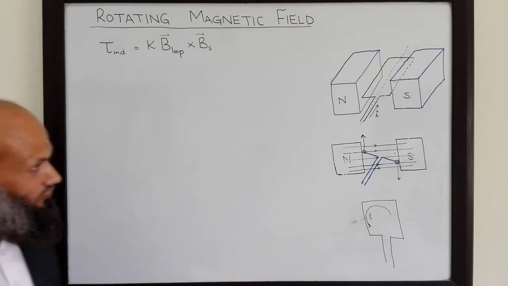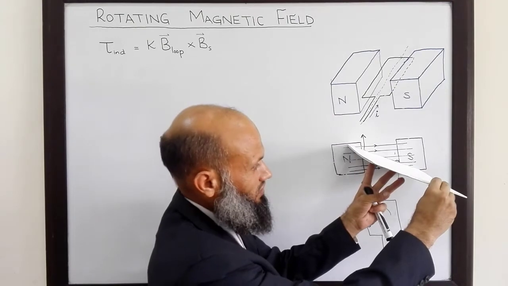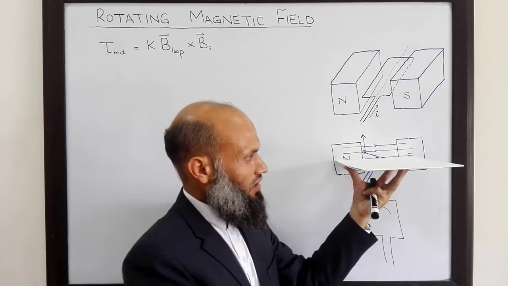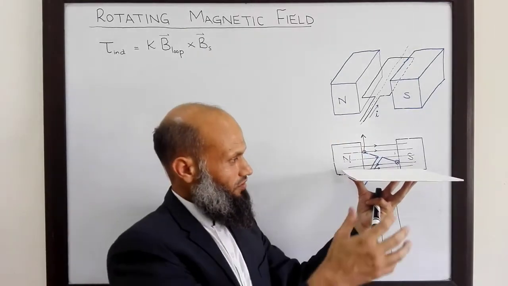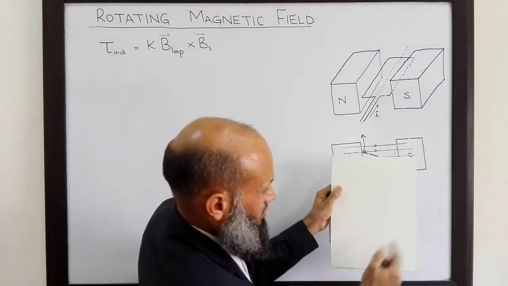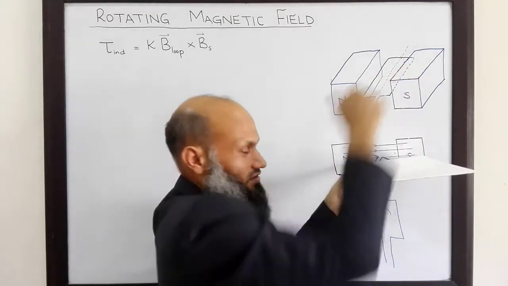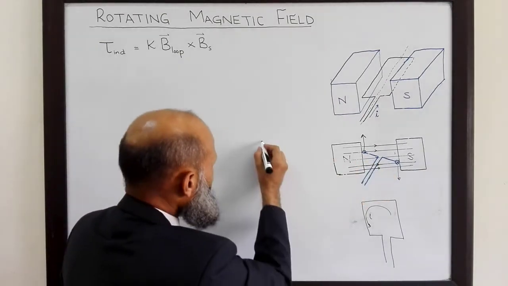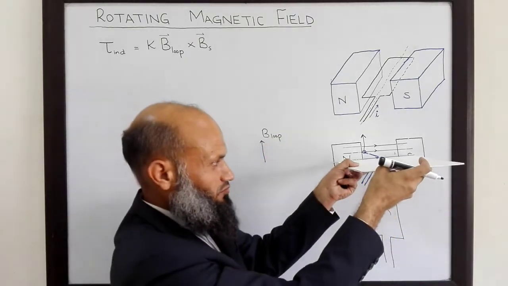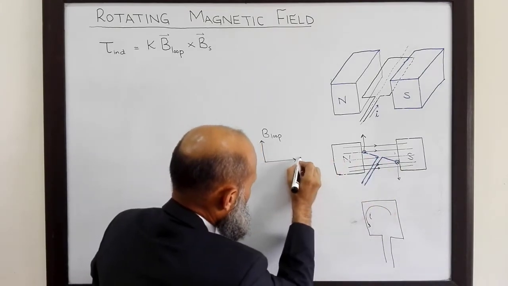If the coil is oriented like this and rotates to this position, what will be the direction of B loop? The direction of B loop can be determined from the current flow here: out of the surface of the board, that is, upwards in this diagram. So the direction of B loop is upwards, and the direction of Bs is this one.